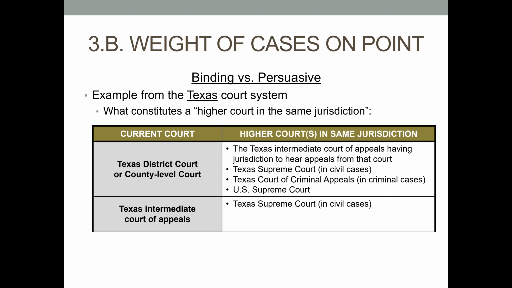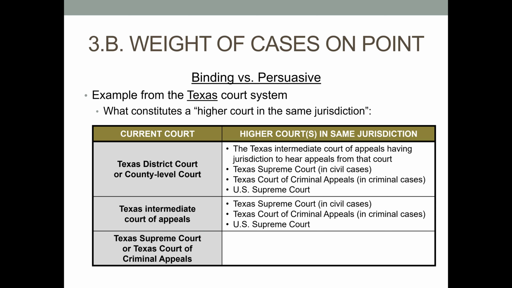Well, then, of course, the Texas Supreme Court's opinions, assuming they are on point, will be binding in civil cases, and the Texas Court of Criminal Appeals on-point opinions will be binding in criminal cases, and then also the U.S. Supreme Court would be a higher court given its appellate jurisdiction over state courts when it comes to constitutional issues.